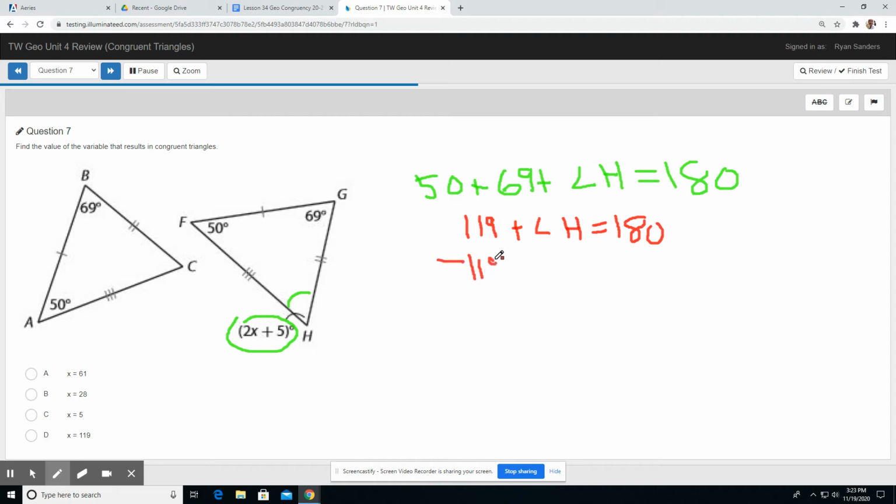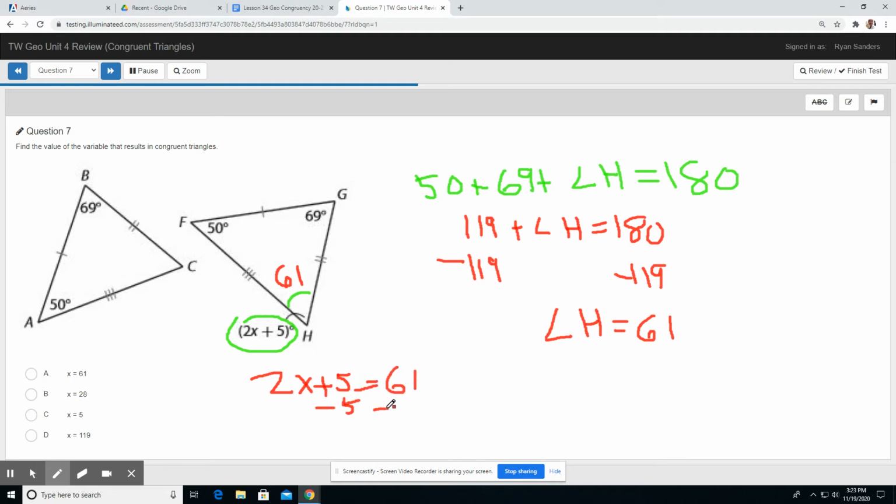Minus 119, angle H is equal to 61. Angle H is also said to be 2x plus 5. So if this is 61, then 2x plus 5 has to equal 61.